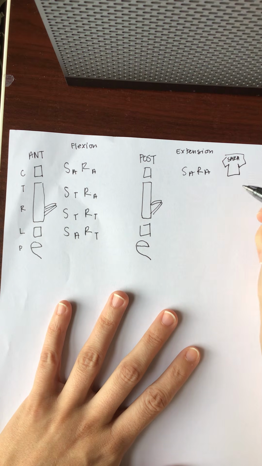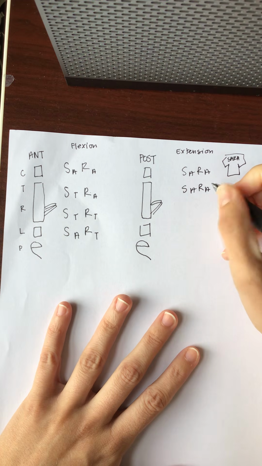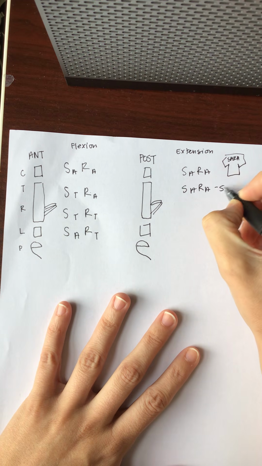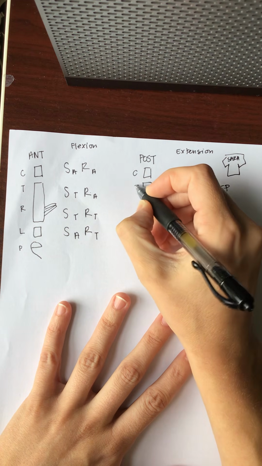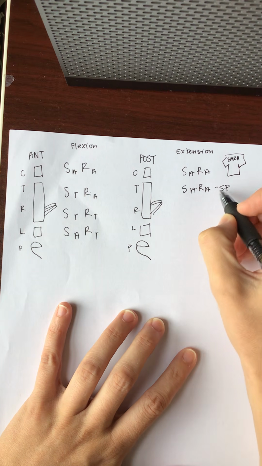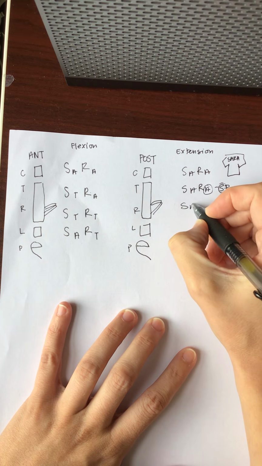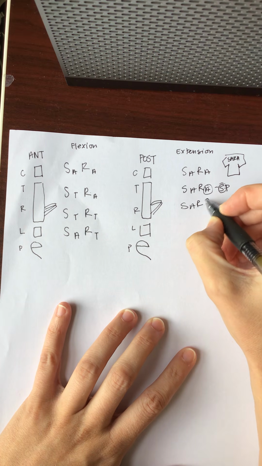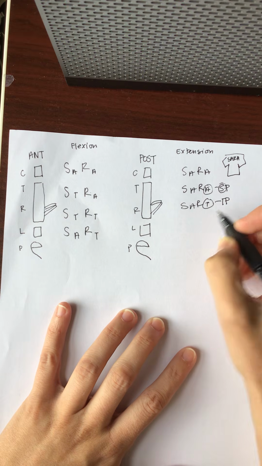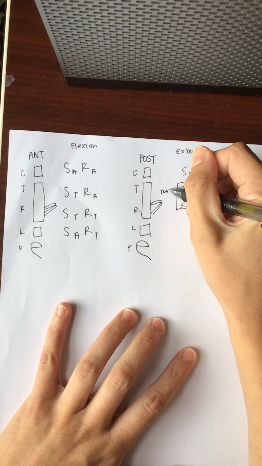And the next part is a little bit different, so I am going to write SaRa, but it's important to remember the first one is for the spinous process of the thoracic, so cervical, thoracics, lumbar, pelvis. Sorry, I should have labeled that. So for the spinous process, it's going to be A, and then for the transverse process, it's going to be T. So those are both for thoracic.